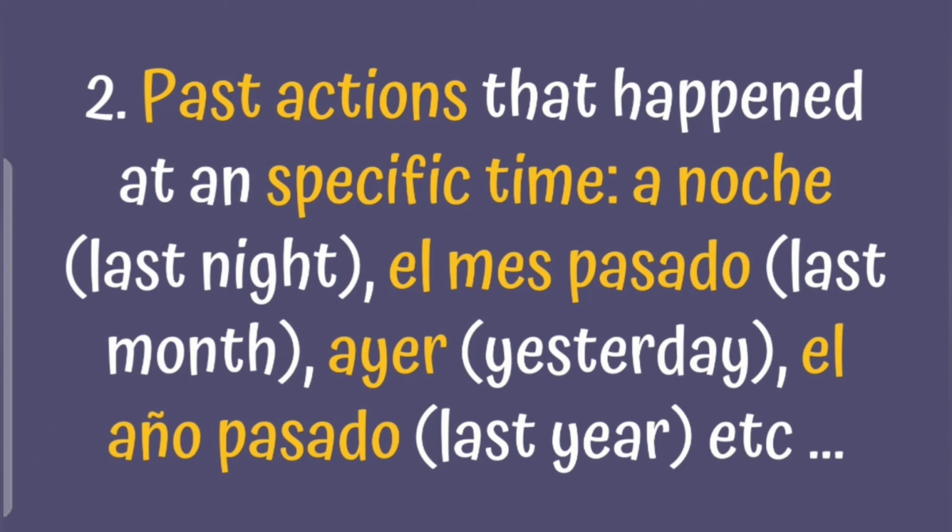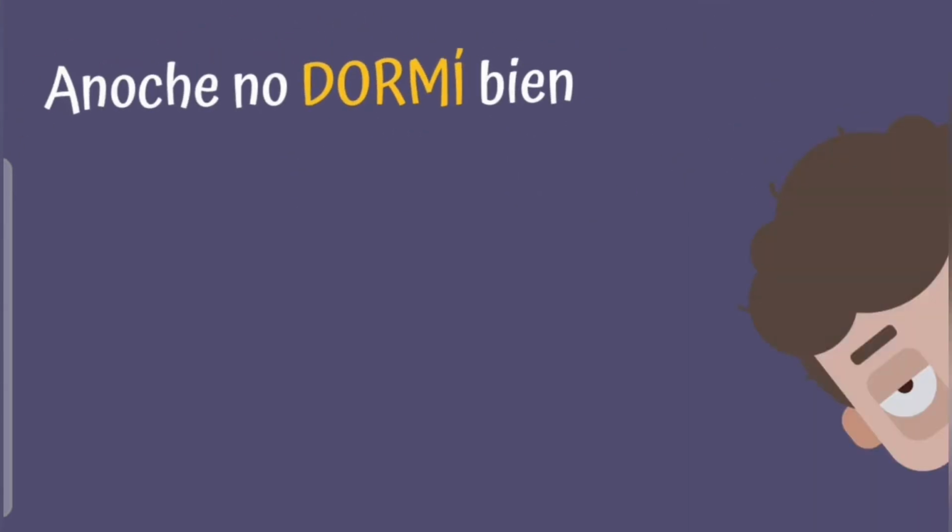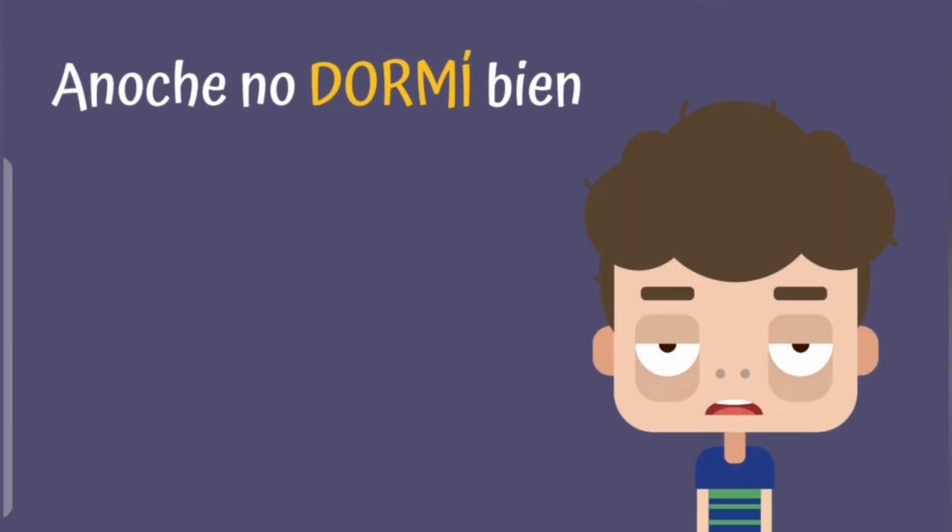Let's see some examples so you will understand this better. Here I have this sentence: last night, I didn't sleep well. If you want to say this in Spanish, you have to say, anoche no dormí bien.